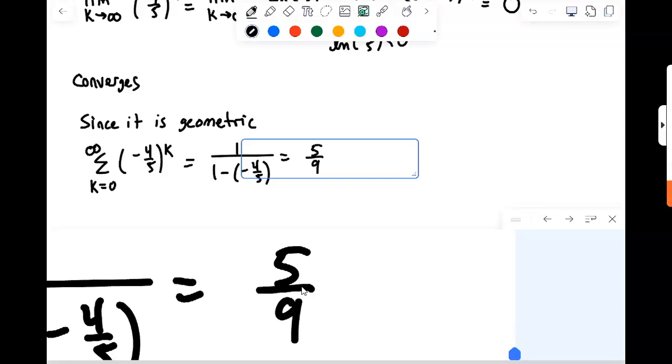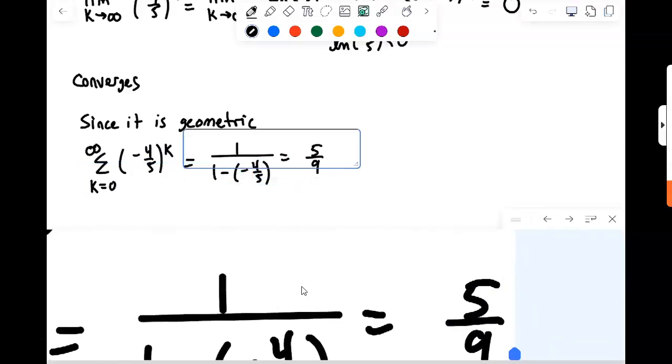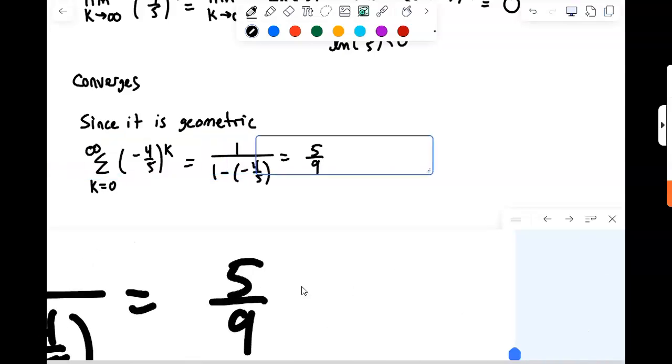So we know the series starting at 0 to infinity converges to 5/9.